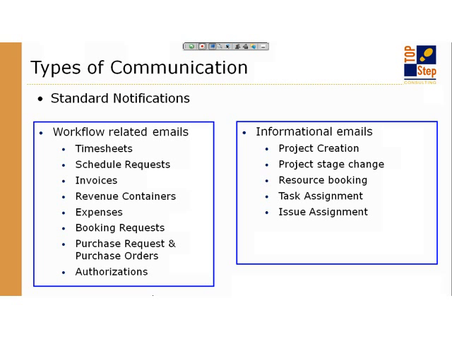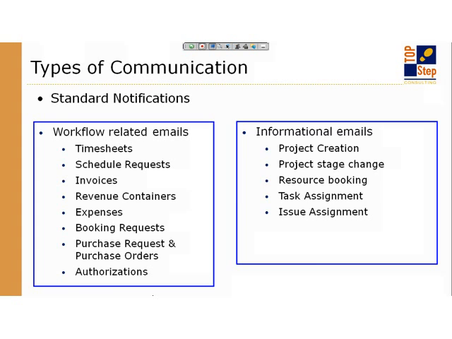Then there's the informational emails, which are all over the place as far as system configuration points. But you can send notifications when you assign somebody to a task, or when you make them an owner of a new project, or you book them to a project and they get notified when they're booked to the project, or they're assigned to an issue.